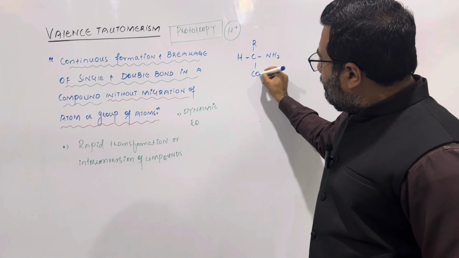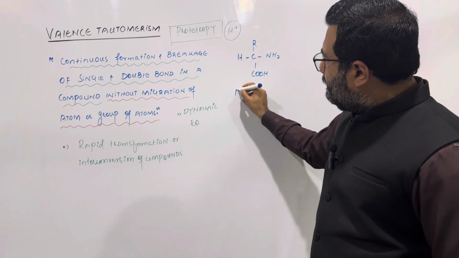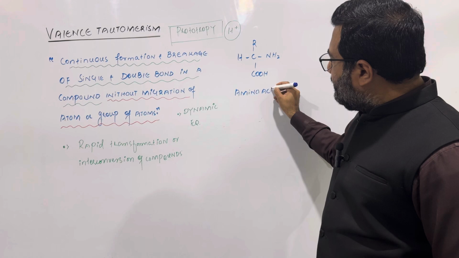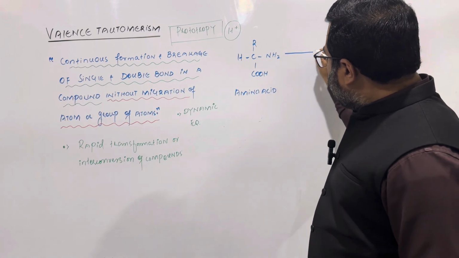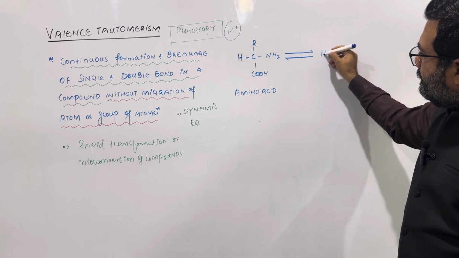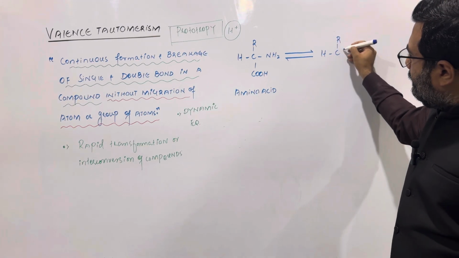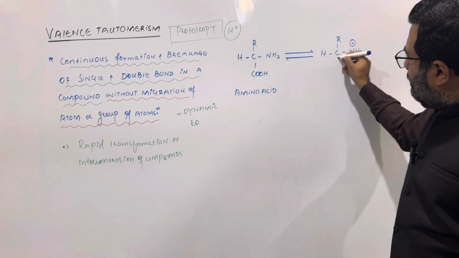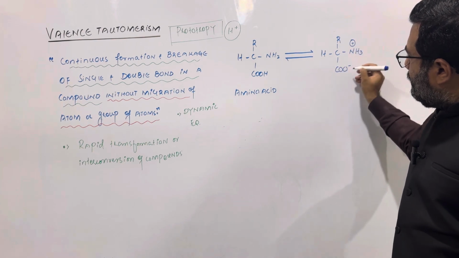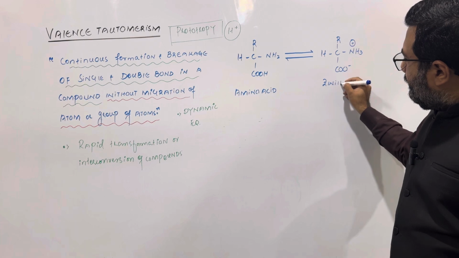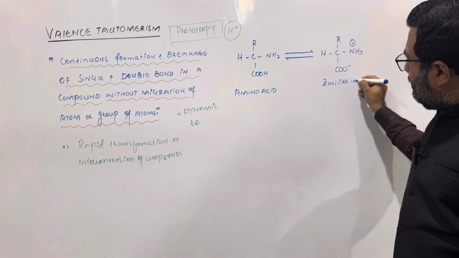Now let us take two examples, one from prototropy and other from valence tautomerism. This one is amino acid. It converts to its tautomer, which is zwitterion.